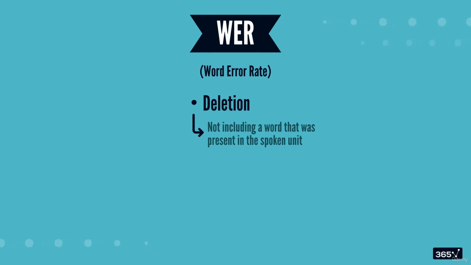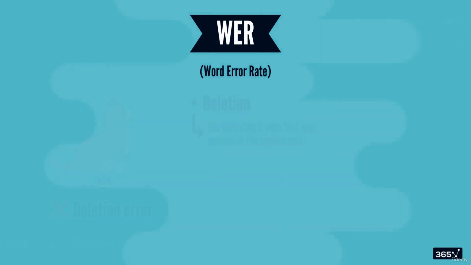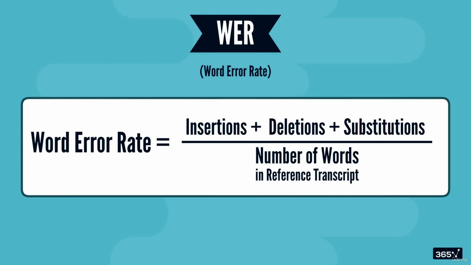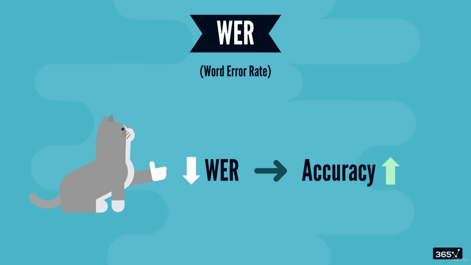For example, if "cat" is spoken and the system transcribes nothing, it's a deletion error. Okay. WER is calculated as the sum of all these errors divided by the total number of words in the reference transcript. The result is then multiplied by 100 to get a percentage. Therefore, a lower WER indicates higher accuracy, meaning fewer errors in the transcription process. Pretty straightforward, right?